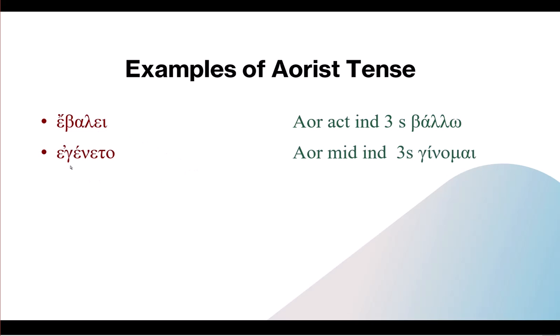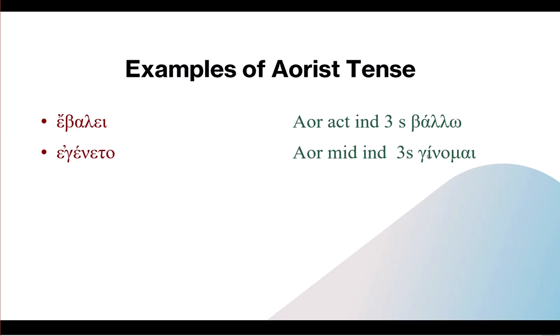Here we have egenēto. That's actually a very common word in the New Testament. Egenēto, and it is aorist middle indicative, that eta omicron ending, third singular from ginomai. Again, the stem has changed.